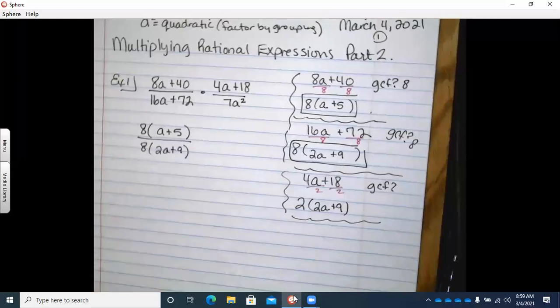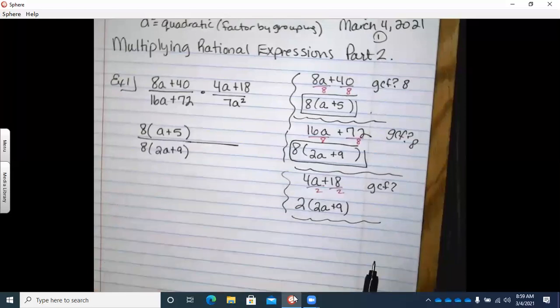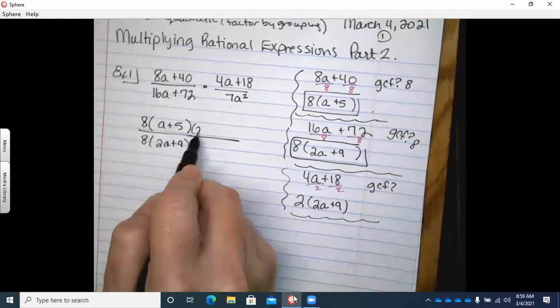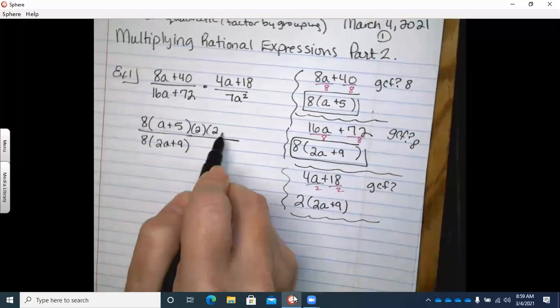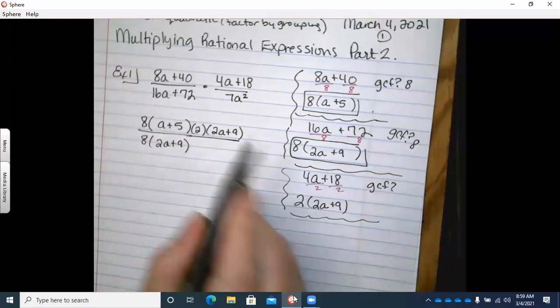And remember, when I multiply fractions, I do numerator times numerator and denominator times denominator. So I'm just going to put everything in one fraction. 4a plus 18 factored into 2 times 2a plus 9. And 7a squared was just 7a squared.